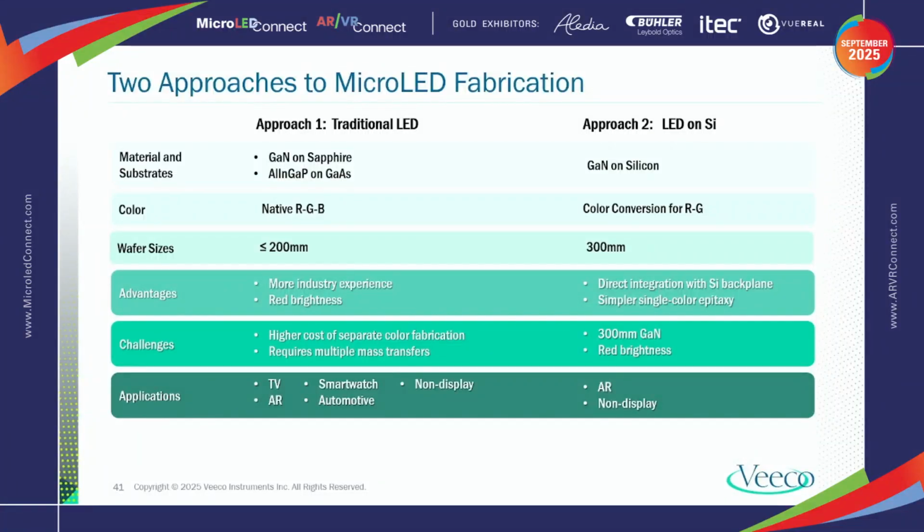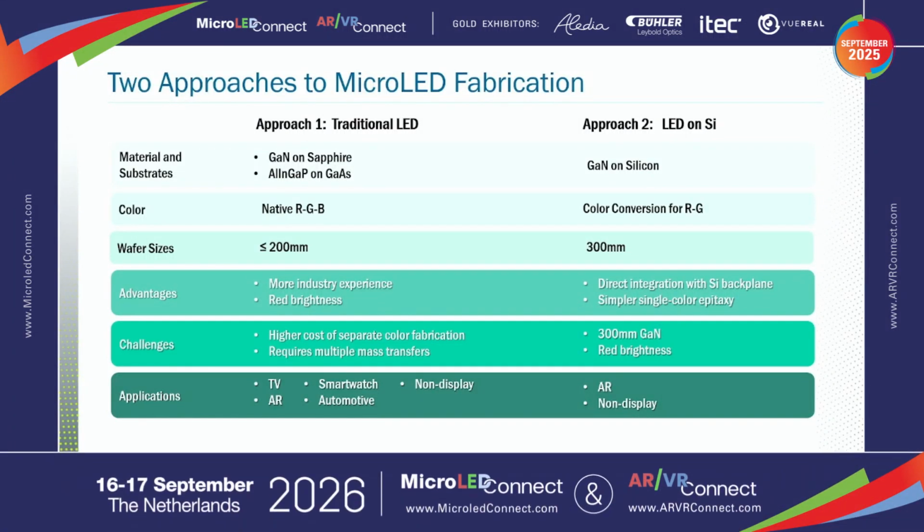In terms of applications, we see everything really being applied for traditional LEDs. We're seeing on GaN on silicon for 300 millimeters a lot of micro displays for augmented reality and some non-display applications, and some of them were also described earlier today. So those might end up being big in this approach very specifically.